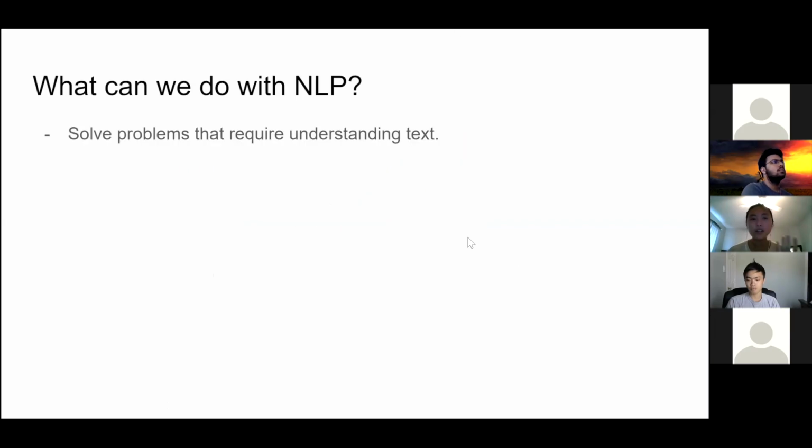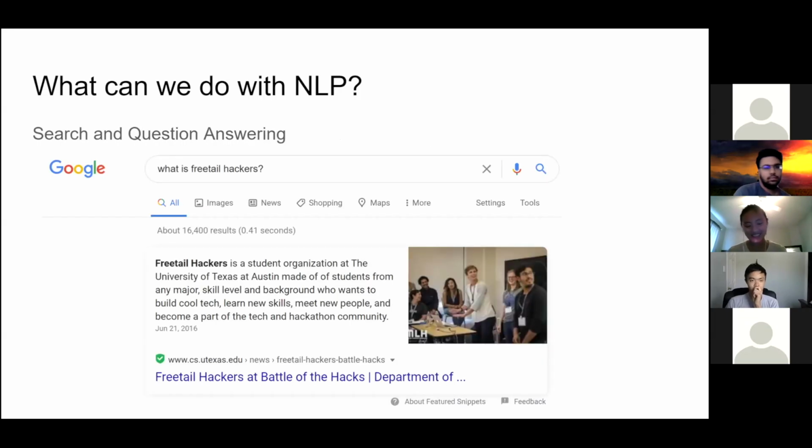Natural language processing means that we're trying to solve problems that require understanding text in some way. The very high profile, really fancy problems that you could solve have to do with search and question answering. If you input "what is retail hackers" into Google, you actually get what's called a knowledge card, or a snippet that picks out a passage answering your question.